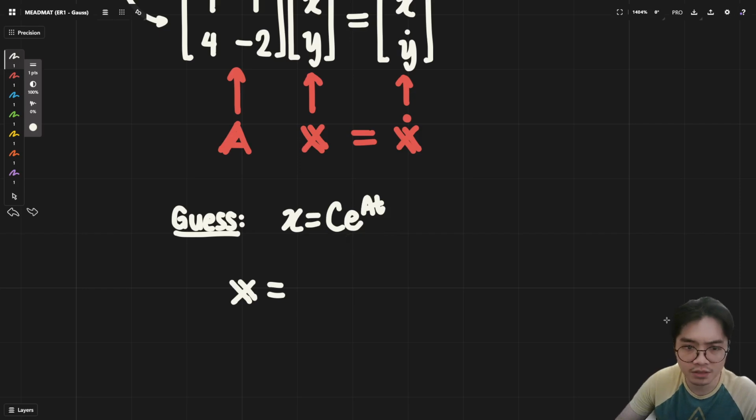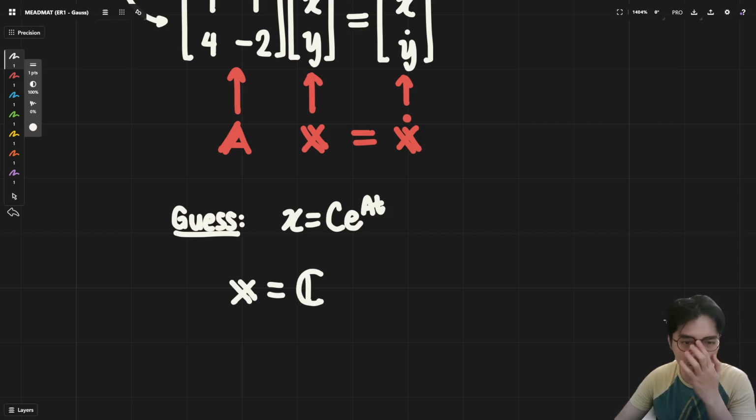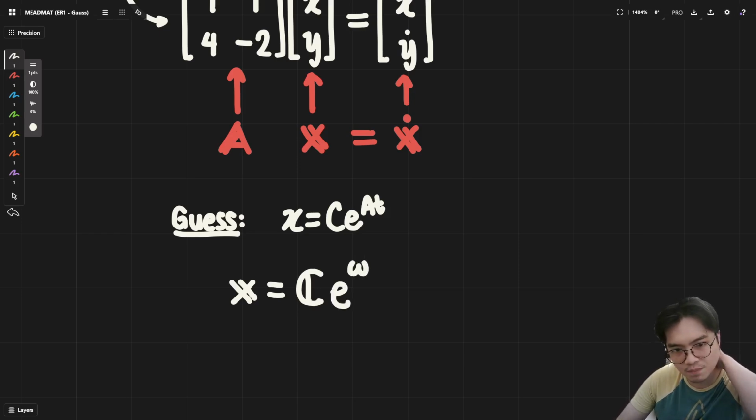So if anything, this is going to be k, k for constant. But honestly, we could just go for the letter C. C works as well. But let's make it a matrix C. And then here's the hard part: put e raised to something times t.